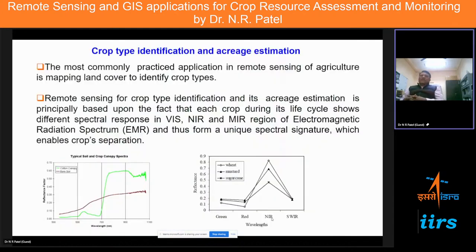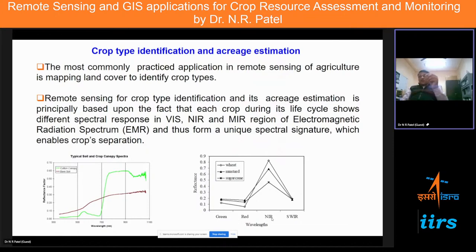So let us understand how we can use all these satellite data available with us for crop type mapping. The basic fundamental thing is the interaction of electromagnetic radiation with the object. Here in our case, the object is different kinds of crop types.